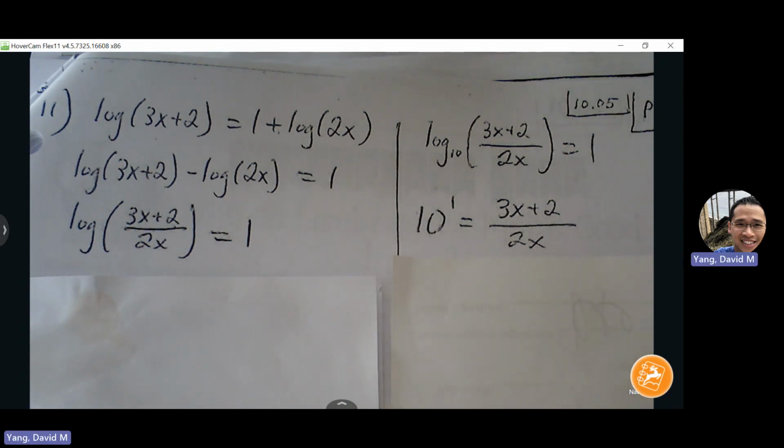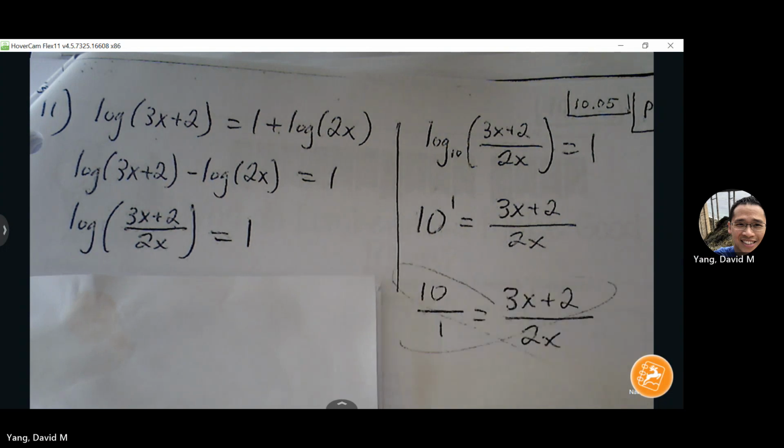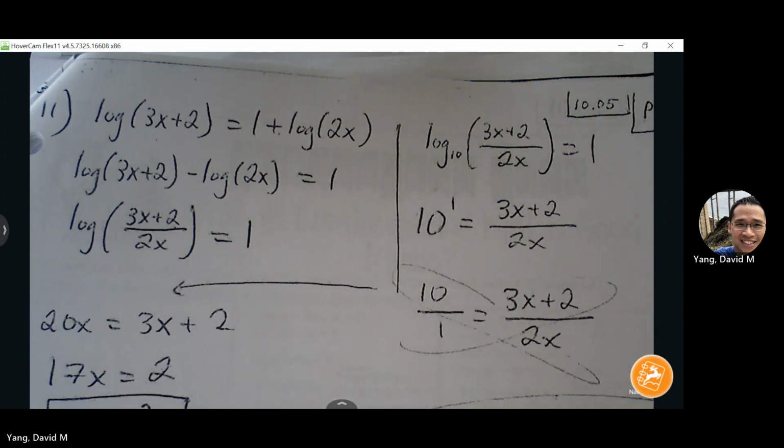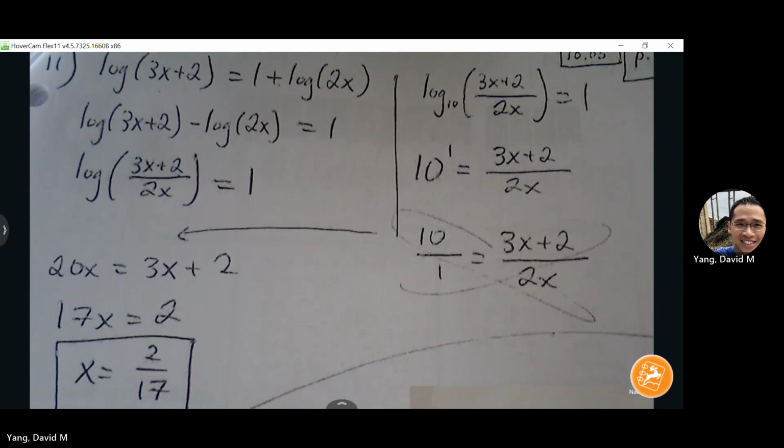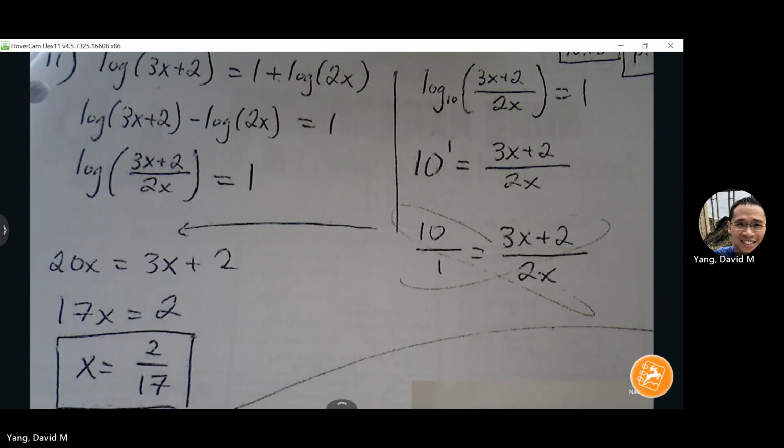So once in exponential form, then I'll cross multiply and try to get x by itself. Two over 17 works, doesn't cause any issues with either parentheses, so we have a valid solution.